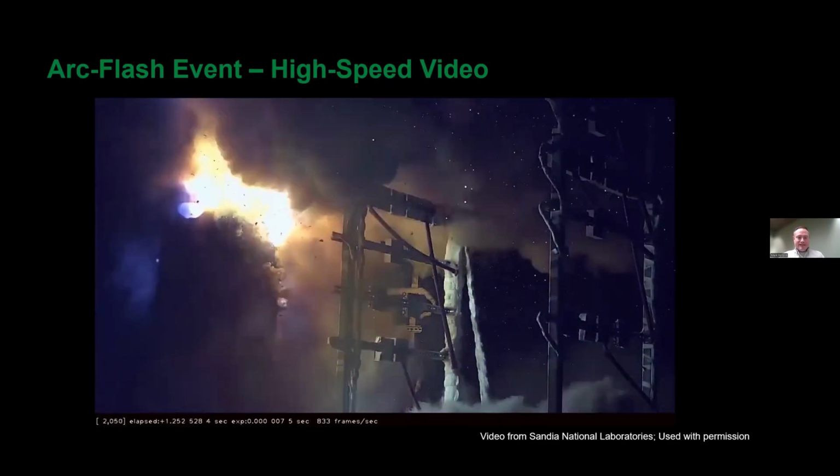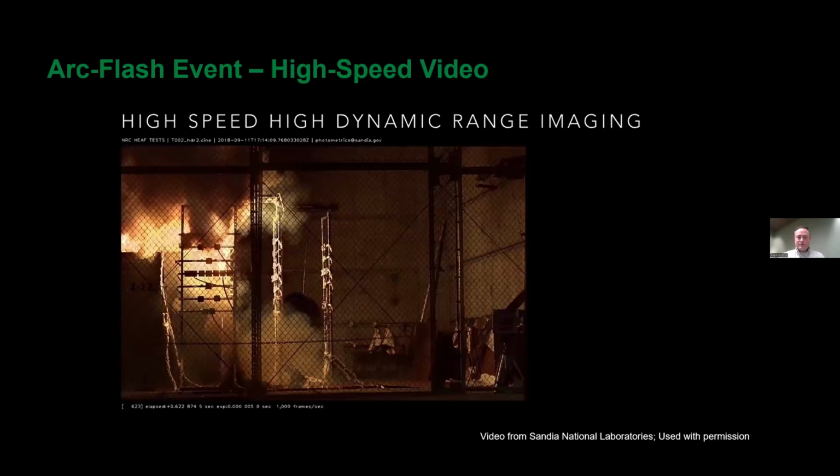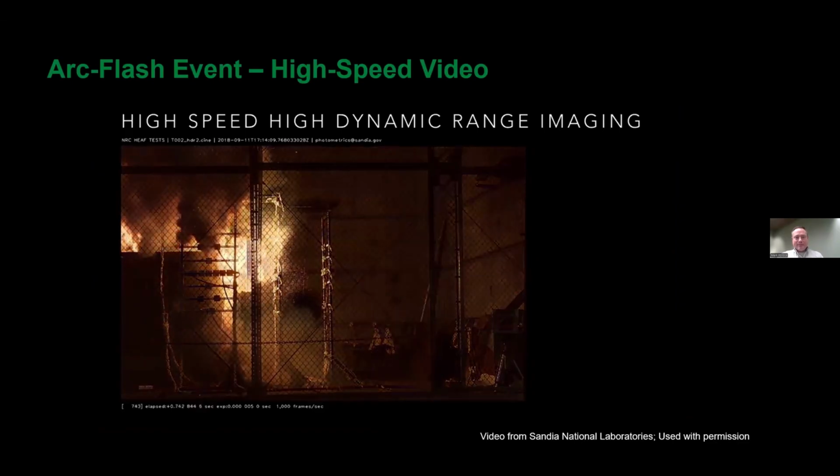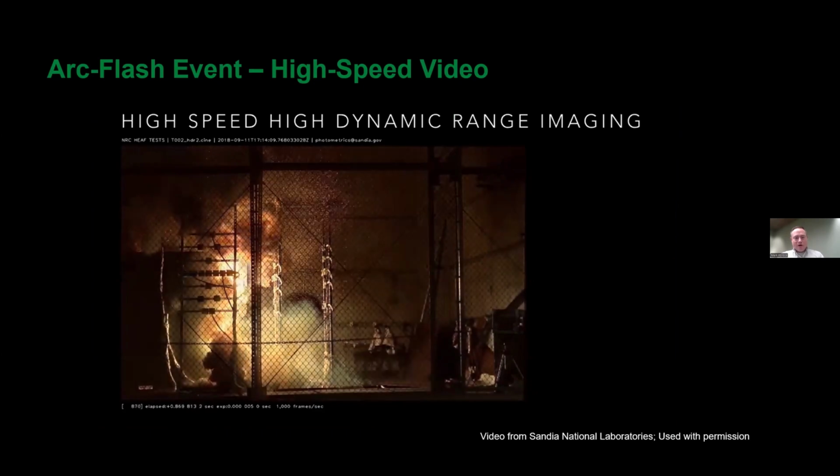This one was designed not to break apart, but just to show that energy in the panel, even escaping through any open parts. And again, this one is another look with a high dynamic range, and you can really see here those copper particles.